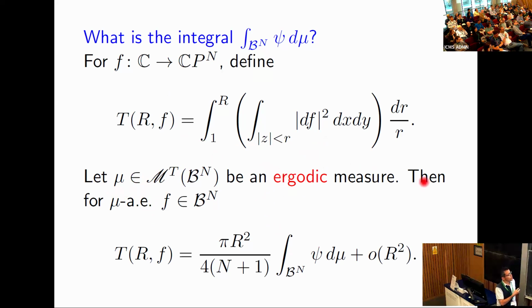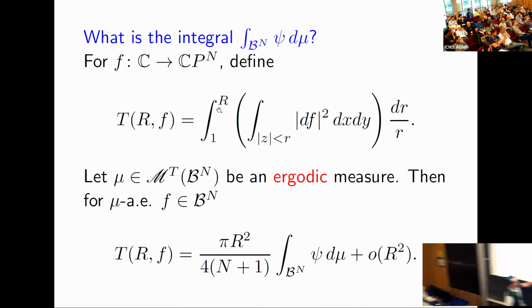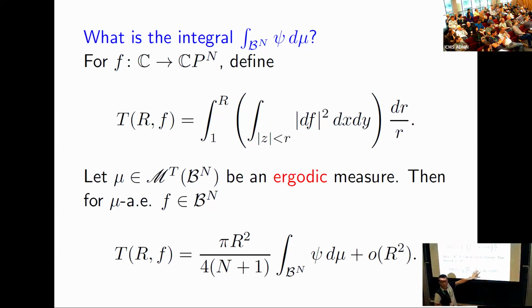Then, using the pointwise ergodic theorem, we can prove that for mu-almost every Brody curve f, the characteristic function has this asymptotics as R goes to infinity: this term is the previous integral, times some natural factor, times R squared. So essentially, this integral describes the leading term of the characteristic function. This is the meaning of the integral of C.